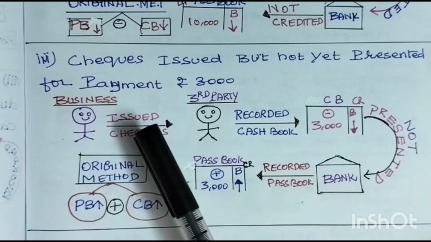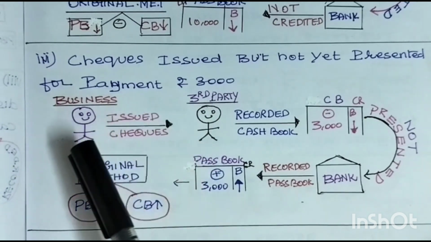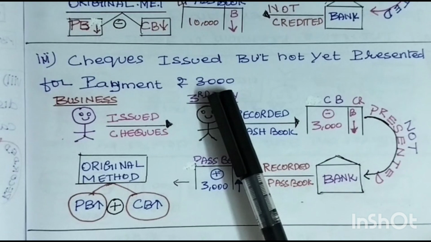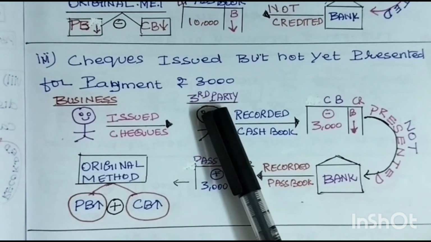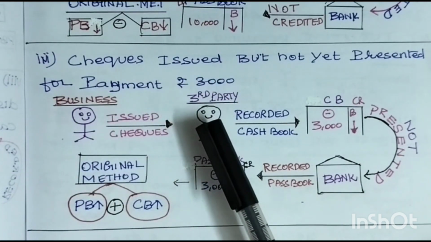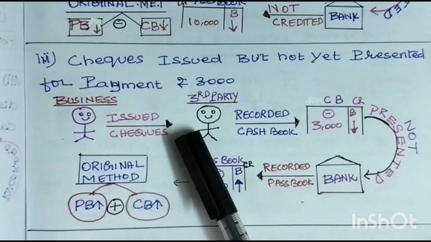Cash goes out from your business. How much? 3,000 rupees. Through cheque your cash goes out to the third party. Issued cheque means cash goes to the third party from your business through cheque.